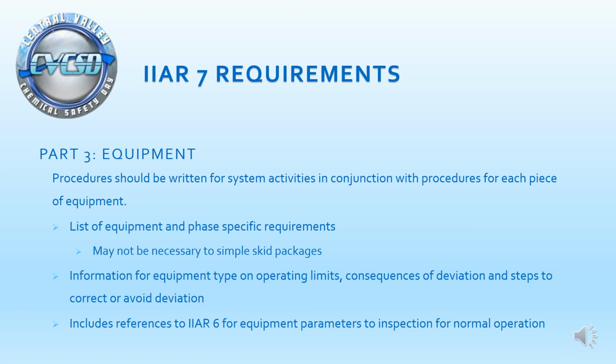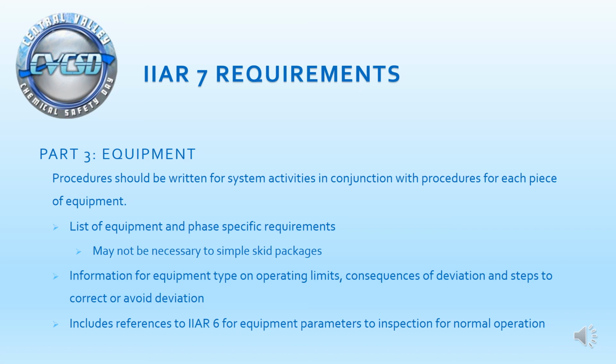The example that's used is skid packages. So typically there would be one condenser, one compressor, maybe a few vessels, and an evaporator. But these would not be seen as complex refrigeration systems, and their procedures would reflect that as well.